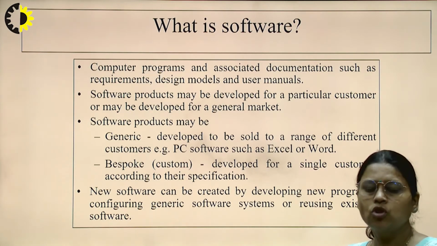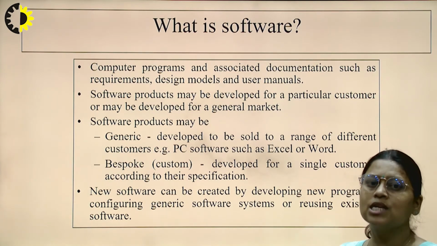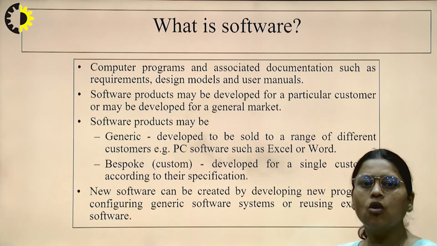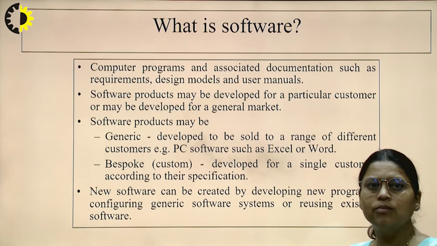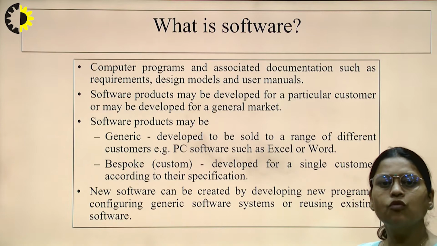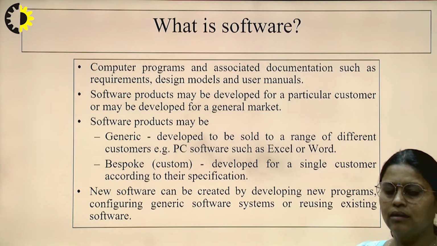Software is developed as per the requirement of a specific customer or as per generic customer requirements. So, software products may be developed for a particular customer or for a generic market. One type of software is developed as per the specific requirement of the customer.